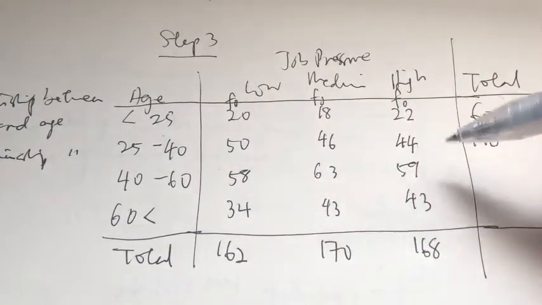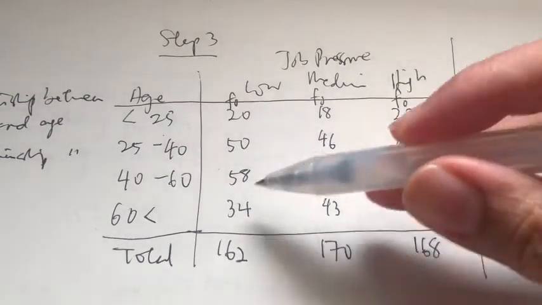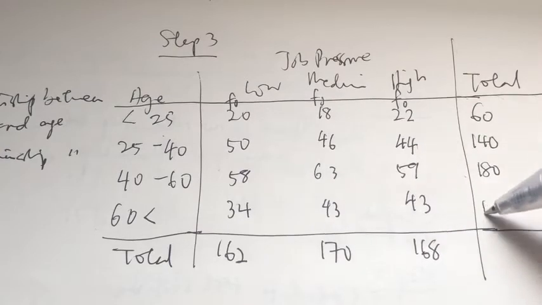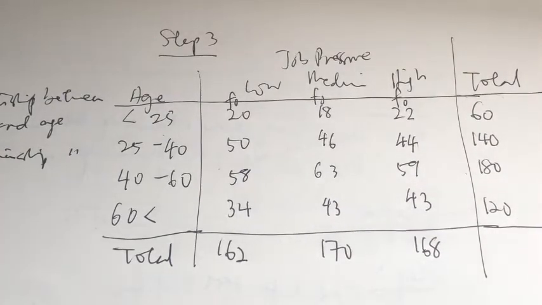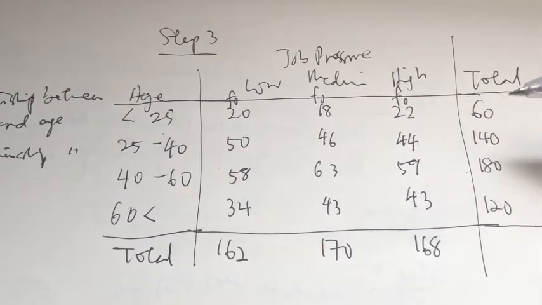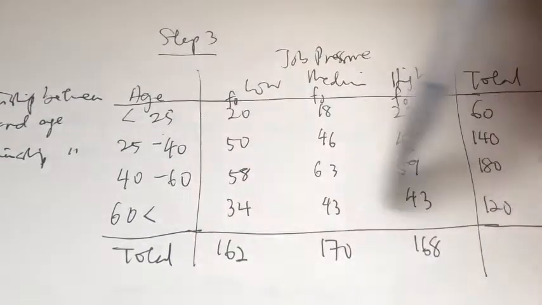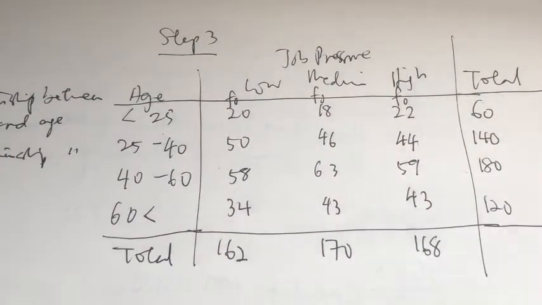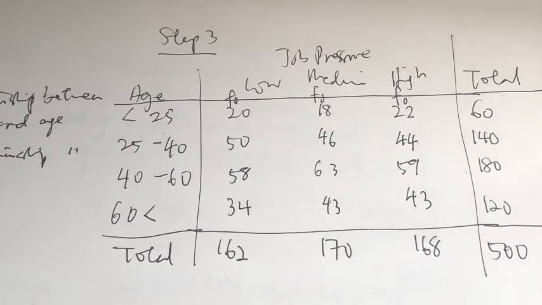Total for the third row, 180. And finally, the fourth row, the total is 120. So here, it's called the grand total, where we add either the total of all of our rows, or the total of all of our columns. And it should give you the same figure, of course, which is 500.